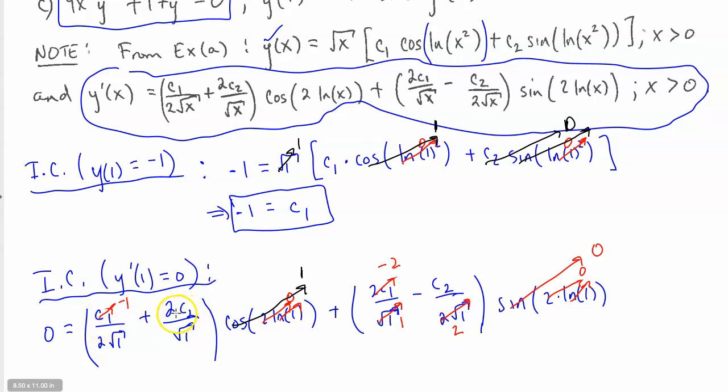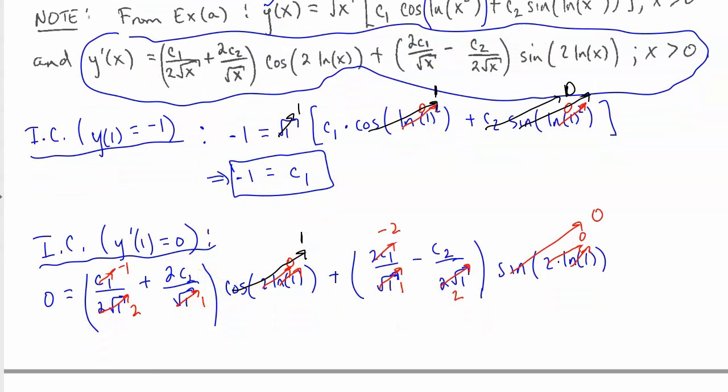So we got minus 1 here, 2 times C2, which I will just leave alone, times 1, and this is 2. Now we just see what we have left. So we got 0 is equal to negative 1/2 plus 2c2 times 1, plus something that doesn't matter because all of it is 0.